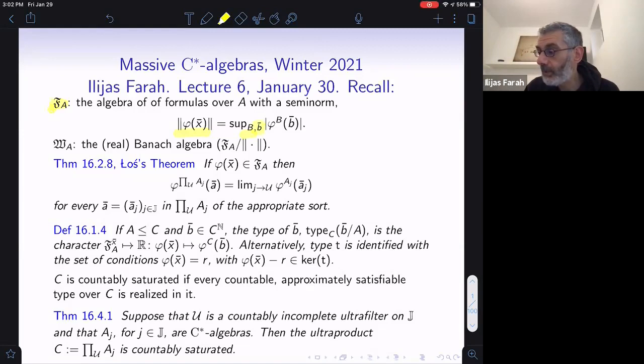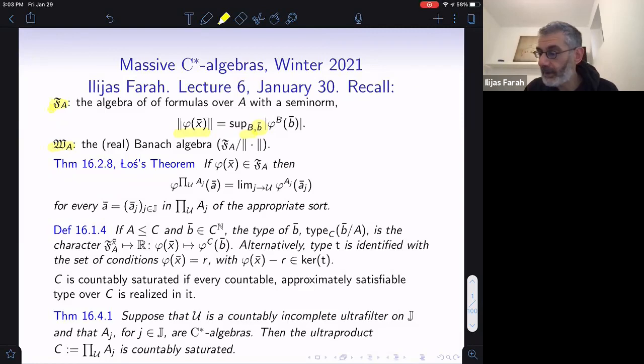And also over all B bar of the appropriate sort, belonging to the right bounded ball. We just evaluate phi there and take the sup of the absolute values. This is a semi-norm. We mod out by zero sets and take completion, and that is this M sub A, the real Banach algebra of formulas.